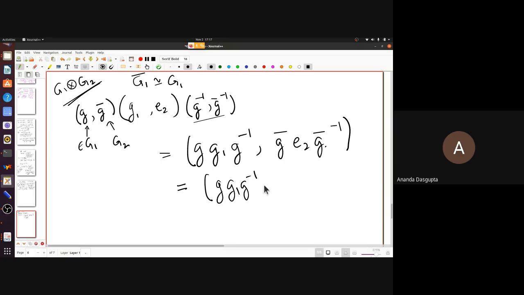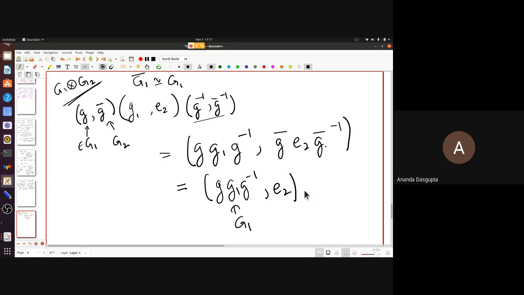Remember, this is an element of capital G1. The small g belongs to capital G1, small g1 also belongs to capital G1. An element of capital G1. What is this? This is e2, right? Because this is the identity, so this will just commute, and you get g bar inverse, and you get just the identity.